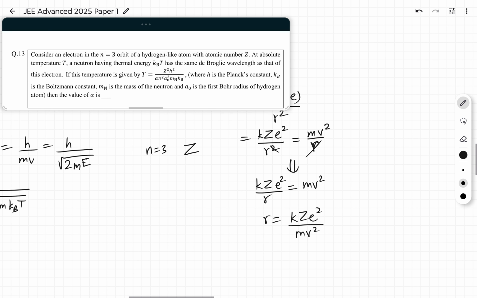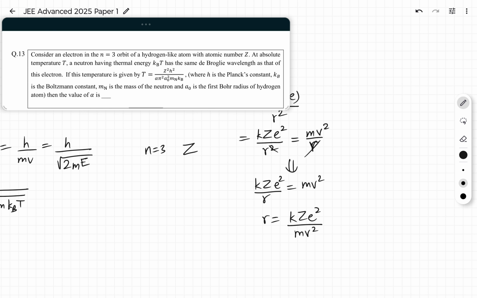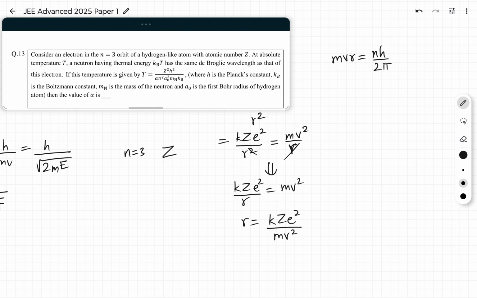Now Bohr gave a postulate saying that the angular momentum of an electron is an integral multiple of h by 2 pi, and in this case n equals 3, which means mvr equals 3h by 2 pi. mv is the linear momentum, so p equals 3h by 2 pi r.